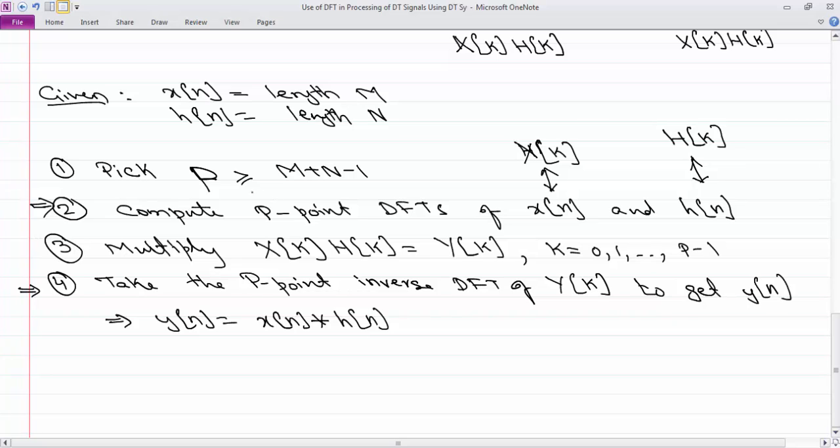And since you are using P which is bigger than the length of the sequences, effectively you are zero padding the sequences to make them length P. Okay.